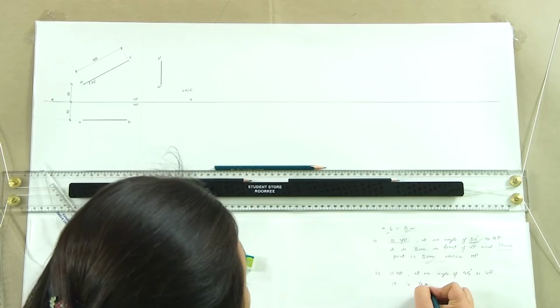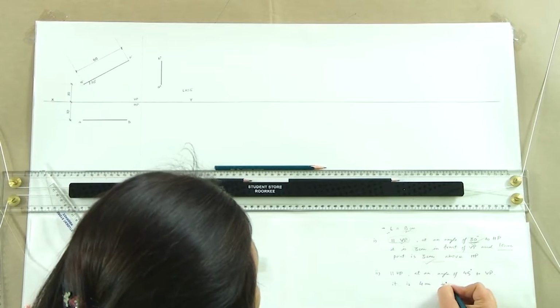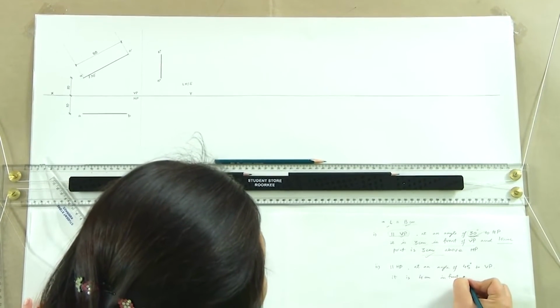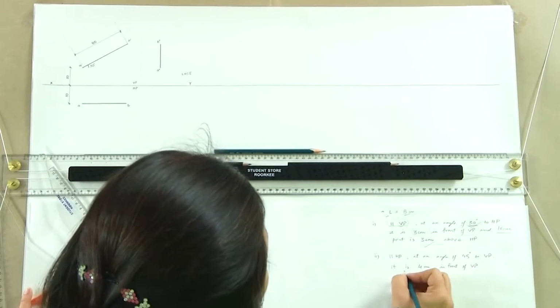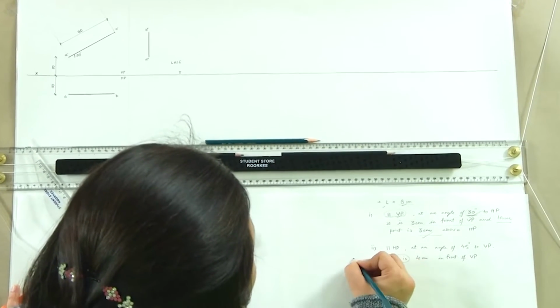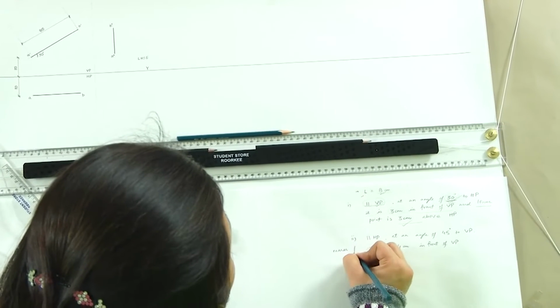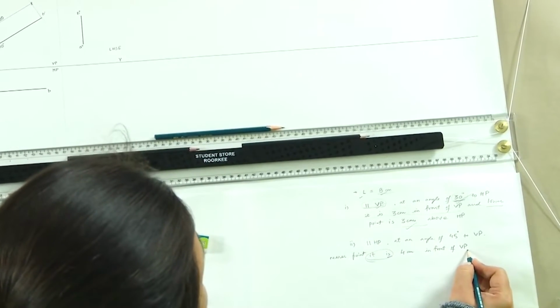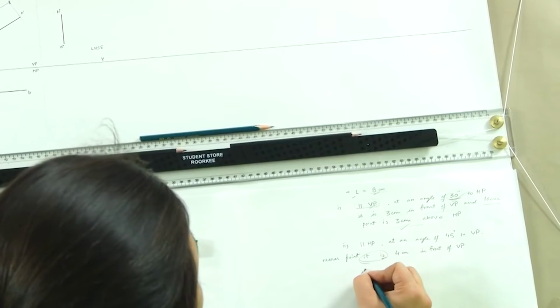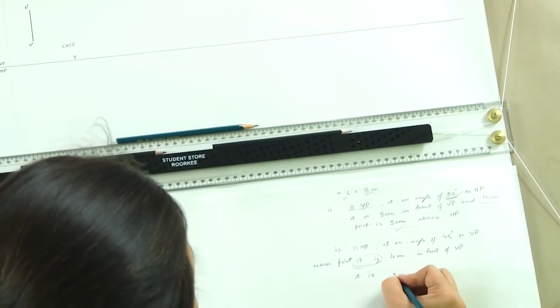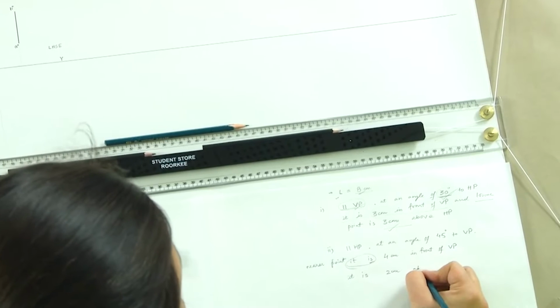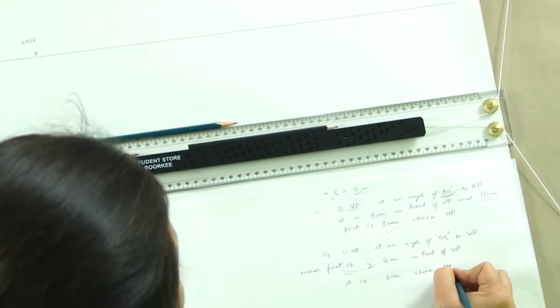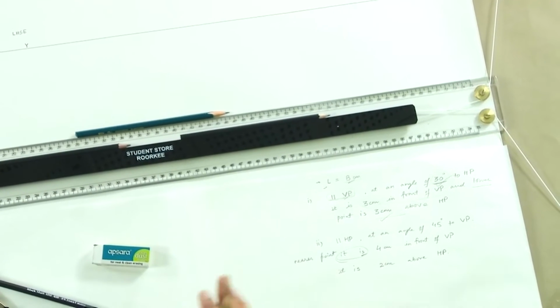It is 4 centimeter in front of VP, or we should say the nearer point is 4 centimeter in front of VP, and it is 2 centimeter above HP. Now, we have the XY line.